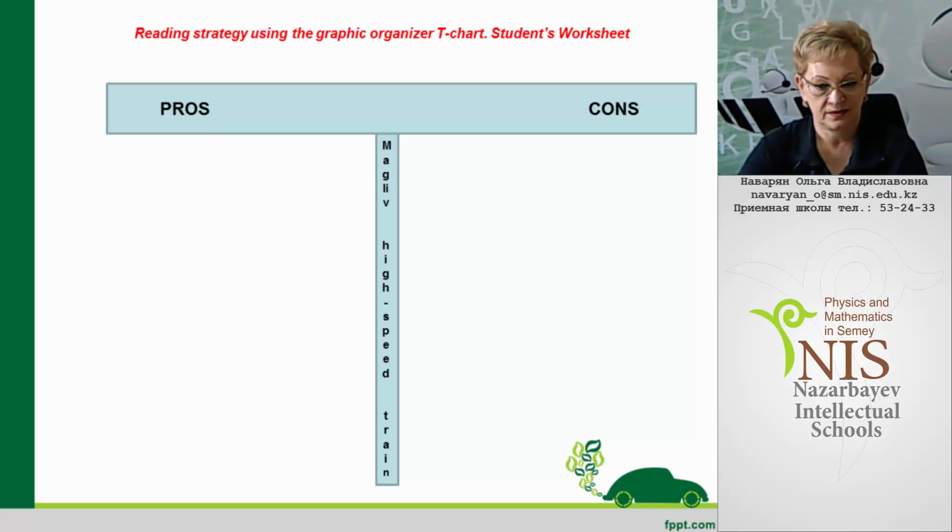Again, use the name of the topic and ask students to fill in with pros and cons, and you will see the results. When students organize their ideas in different ways, they memorize the ideas and numbers more quickly and effectively.